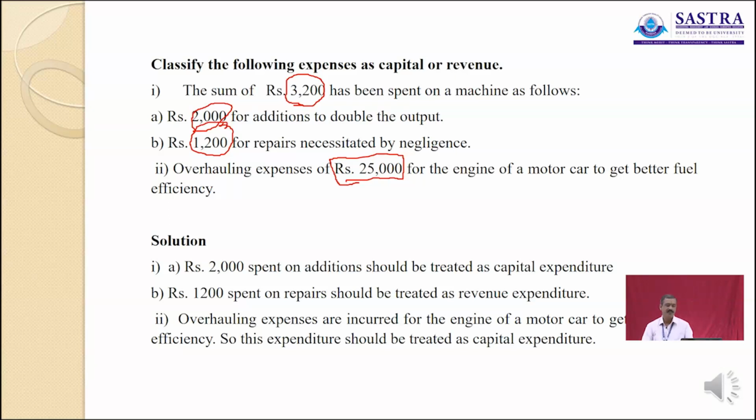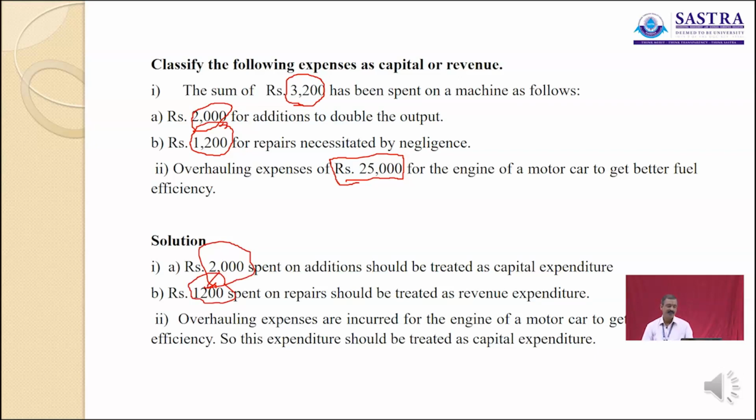Classify first. The sum of 3,200 has been spent respectively towards the additions to double the output 2,000, repairs necessitated 1,200. See, 2,000 spent on additions should be treated as capital expenditure, whereas that 1,200 spent on repairs should be treated as revenue expenditure.